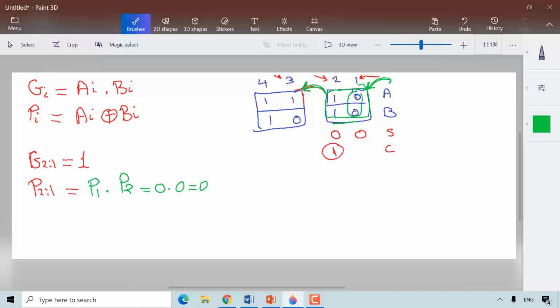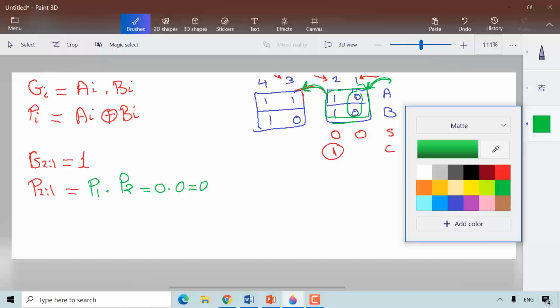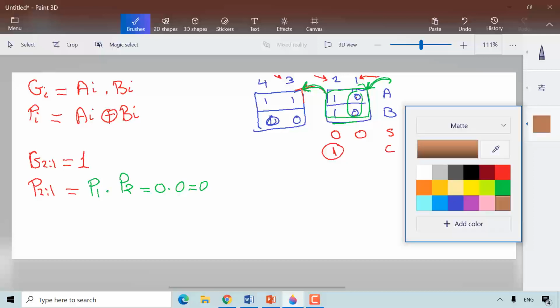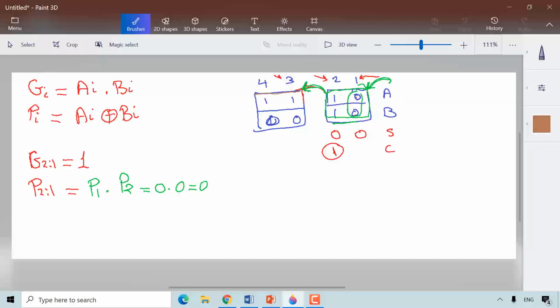Okay. Now I can repeat this process here. For example, I'm going to change this, by the way, to, let's say, a 0. Let's now talk about the bits for this block. I can talk about the generate for bit 3 and 4.